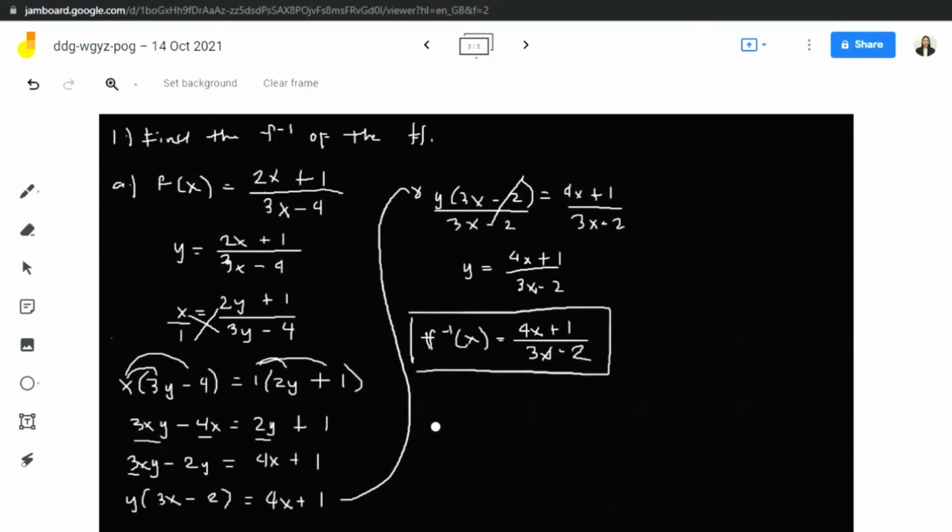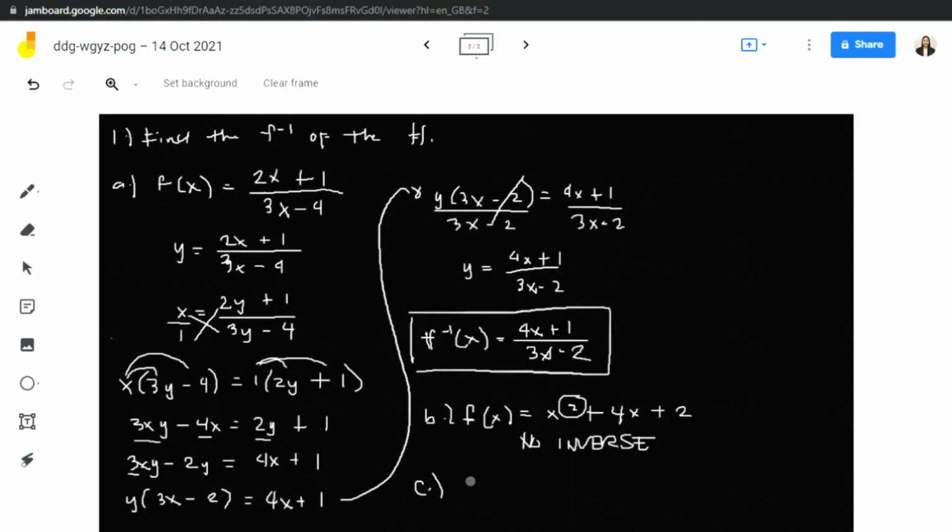Now let's consider a few more examples. If I have here f of x is equal to, let's say, x squared plus 4x plus 2. So before jumping on the 3 steps in finding the inverse, we have to check first if this is a one-to-one function. Oops, take note, look at that. There exists an even exponent which is positive 2. Thus, this particular function has no inverse because it is not one-to-one.